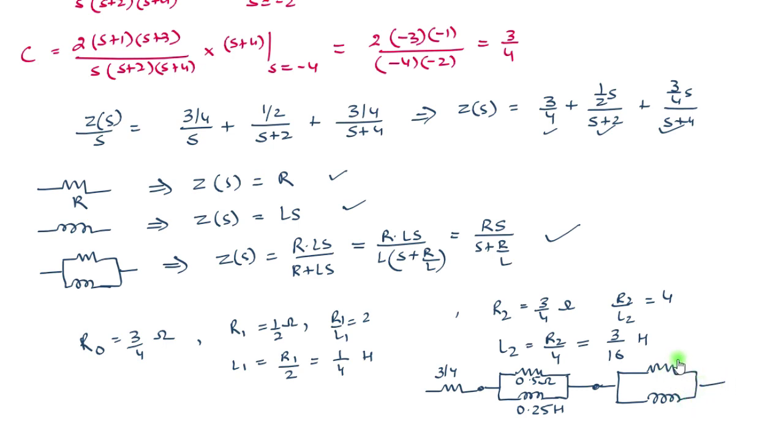Now this resistance will be 3 by 4 ohms, or I can write 0.75 ohm, and this will be 3 by 16 Henry. And completing the circuit. So if seen from this side, I will get this Z of s. So this is the Foster 1 realization of the given network function Z of s.